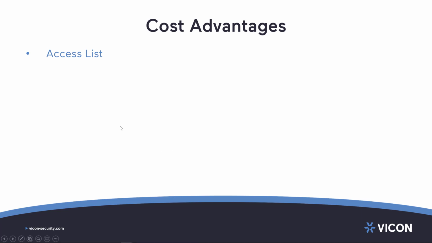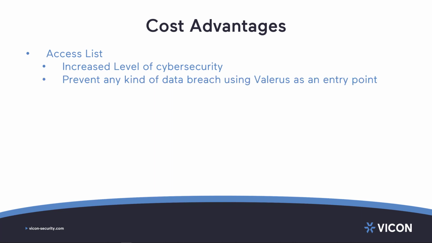So starting off with the access list, it's certainly an increased level of cybersecurity, and it should help us prevent any kind of a data breach using Valerus as an entry point into the network.